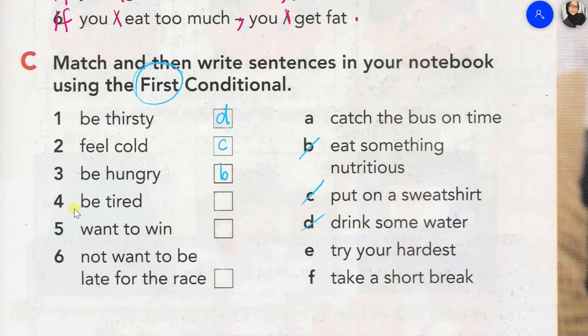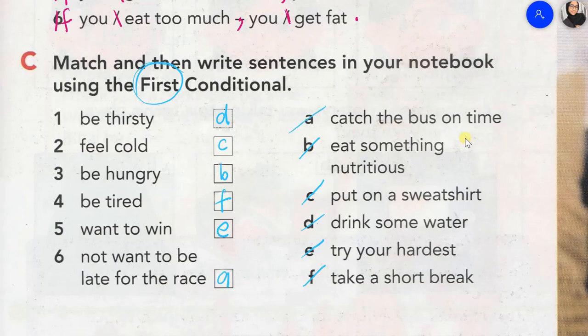Number 4, be tired. If you're tired, take a short break. Number 5, want to win. If you want to win, try your hardest. Number 6, not want to be late for the race. Then catch the bus on time.